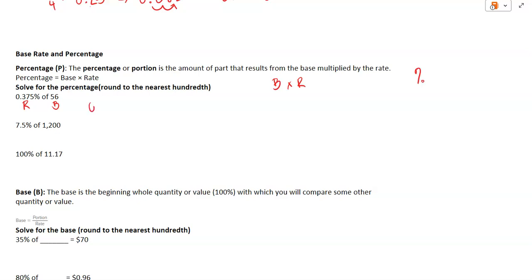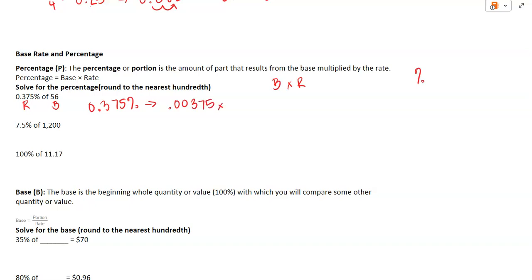Okay, and so with this 0.0375%, the first thing that we want to do is convert that into a decimal. Remember, to convert that to a decimal, you move your decimal place 2 over to the left. That becomes 0.00375.